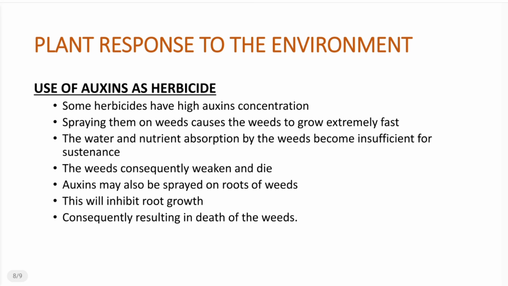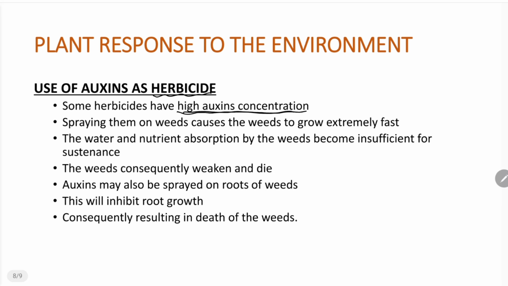Now, it is said that some herbicides are produced with a very high concentration of auxins, right? So these are chemicals that are used to kill plants. They are used to kill weeds. But it is said that these herbicides have a very high concentration of auxins, right?